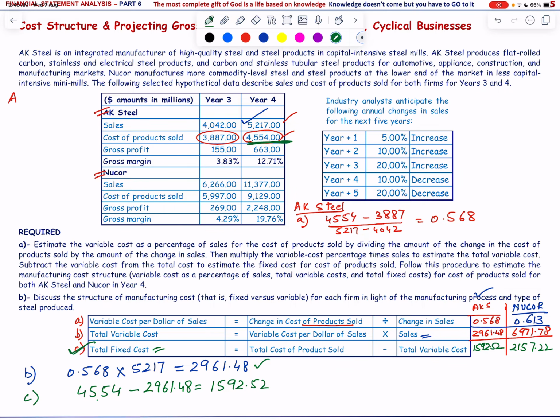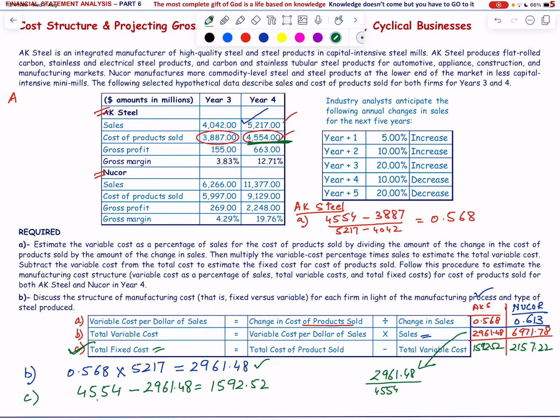You can calculate this as a percentage as well. The total variable cost in terms of percentage will be equal to 2961.48, that is the total variable cost, divided by the cost of product sold, and the cost of product sold was 6554.